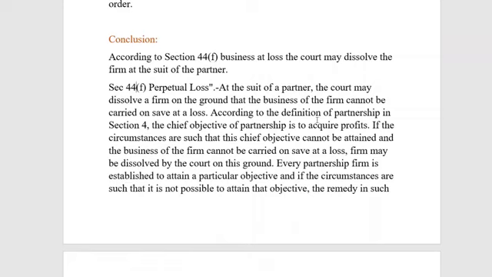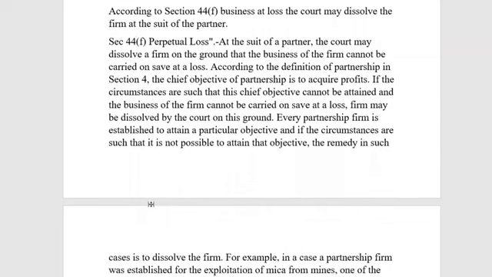According to the definition of partnership in section 4, the chief objective of partnership is to acquire profits. That means the chief objective of the partnership firm itself is to make profits. That's why they are doing business. If the circumstances are such that this main objective cannot be attained, and the business of the firm cannot be carried on save at a loss, the firm may be dissolved by the court on this ground.